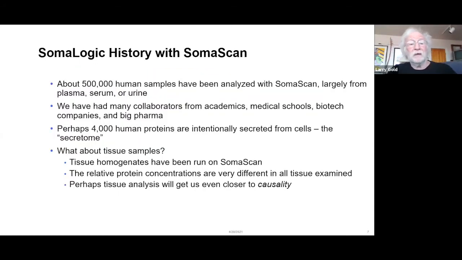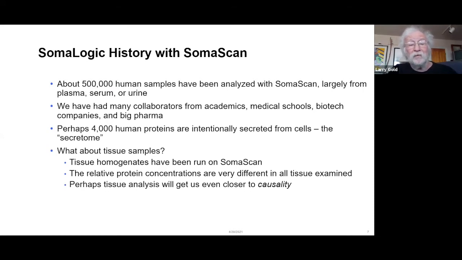So this is the history. We've done hundreds of thousands of samples, mostly plasma, serum, or urine. Had a lot of collaborations with academic scientists, medical school scientists, biotech companies, big pharma. Some of them are not exactly collaborations, they're customers, but that's okay. They're still friends.